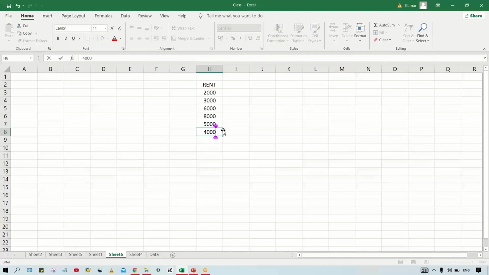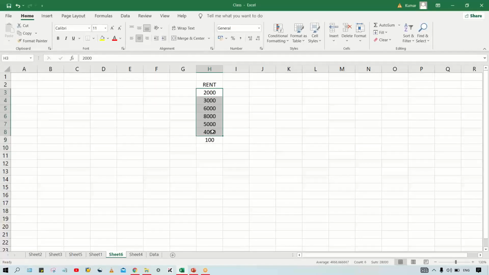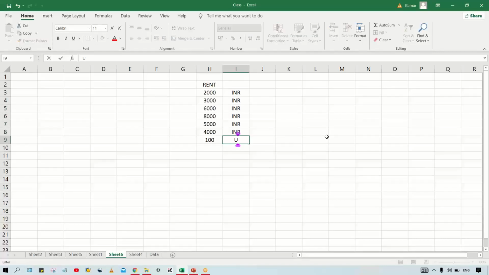Now, in that, there is one more rent. These are all from the corporate offices in India, so they are in Indian currency, or whichever your company code currency is. But this one is in USD.